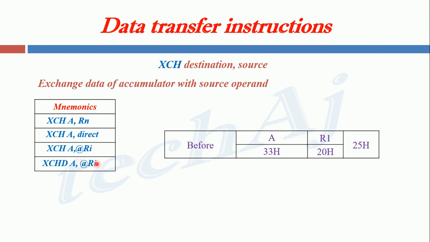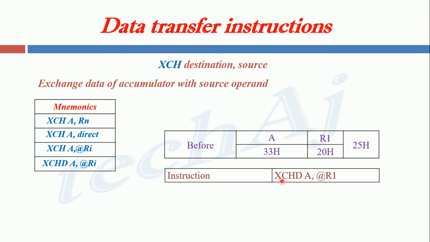For example, if we are having the accumulator with the value 33H and if our register R1 is pointing to the address 20H, at this address location, if we are having the value 25H, if we execute the instruction exchange D A comma @R1, this instruction will exchange the lower digit of accumulator with the lower digit of data pointed by this address pointer. That means lower 3 of accumulator will get exchanged with the lower digit 5 of this data.